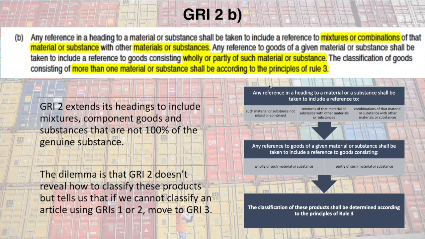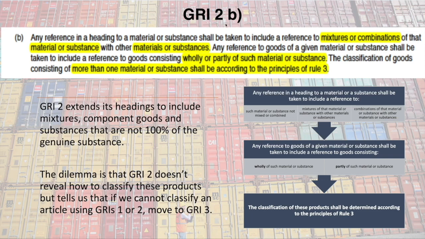For all this, it results that Rule 2B is an orientation rule to indicate that in the nomenclature, not only pure substances or goods of a single material are classified, but they also include mixtures and composite articles, which in principle are likely to correspond to two or more headings, so the classification will be made in accordance with the provisions of the next rule, Rule 3.